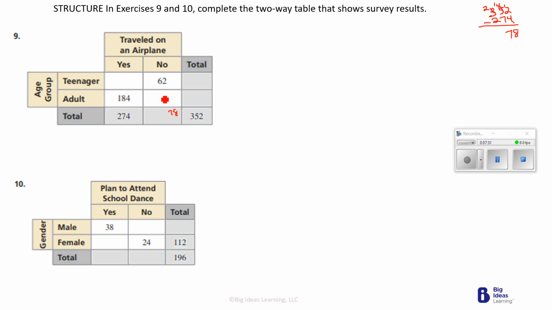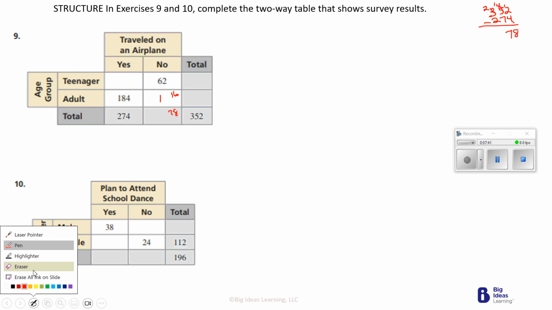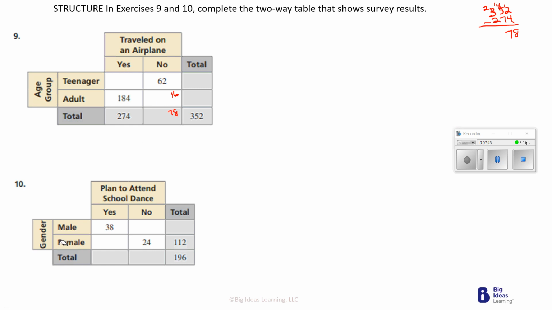That's going to be a total of 16. Put it in this corner here. And I'm sure all of you followed along with that one because 8 minus 2 is 6, and 7 minus 6 is 1.